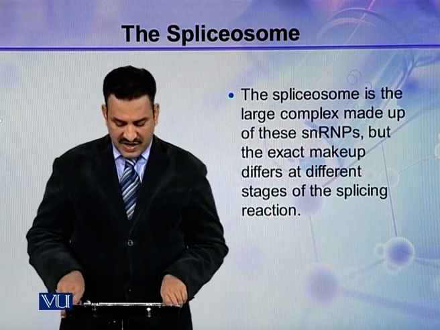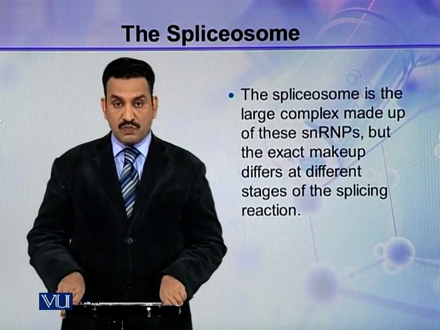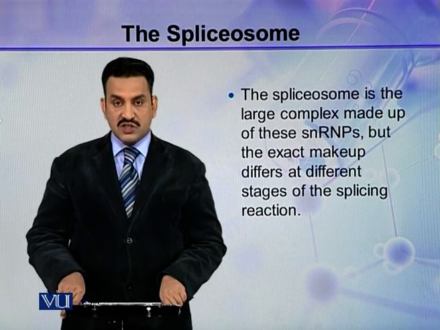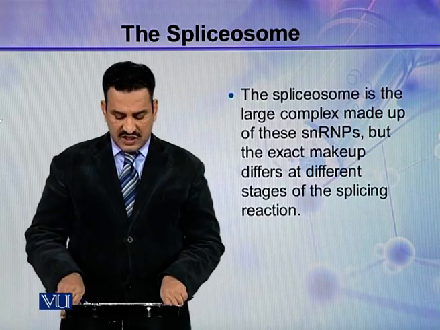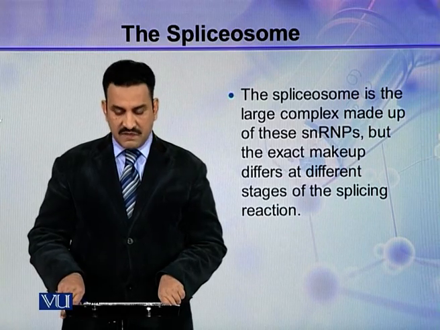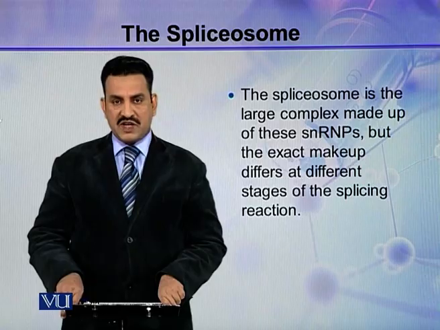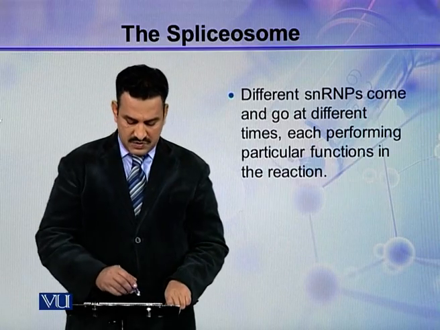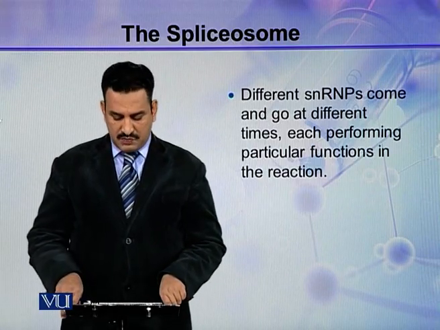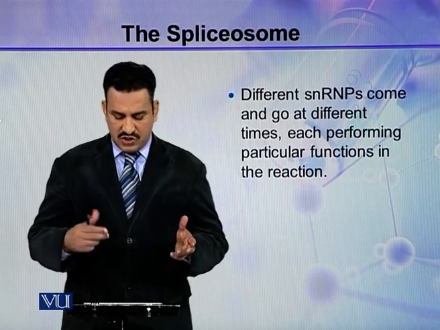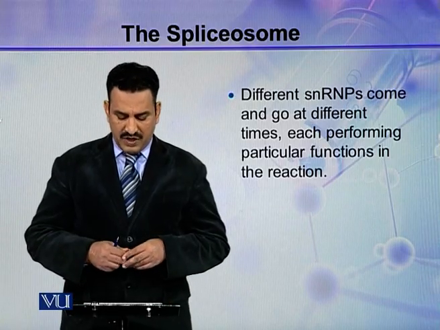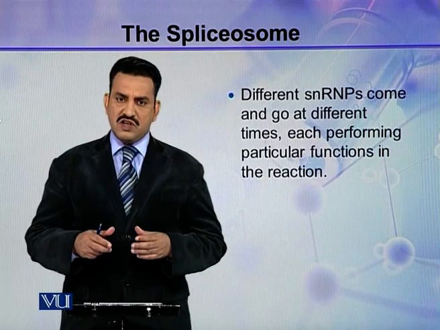This spliceosome is the large complex made up of these SNRPs, but the exact makeup differs at different stages of the splicing reaction. Different SNRPs come and go at different times, each performing a particular function in the reaction.